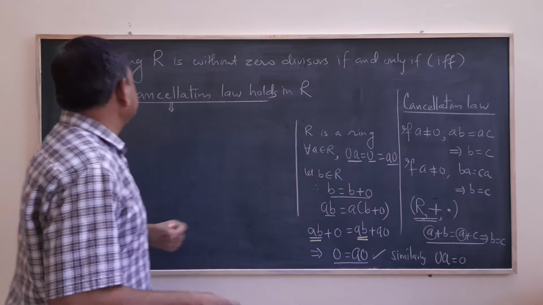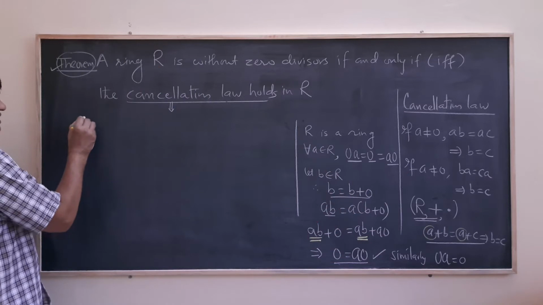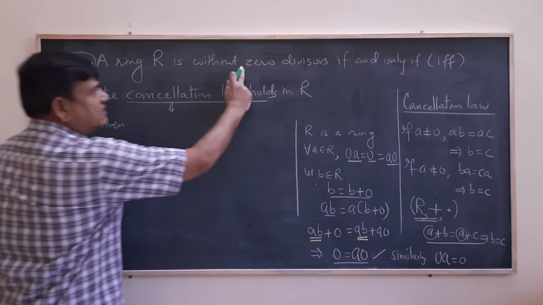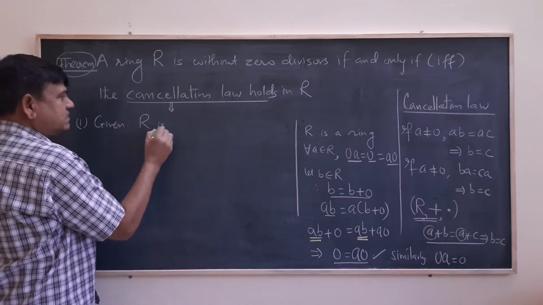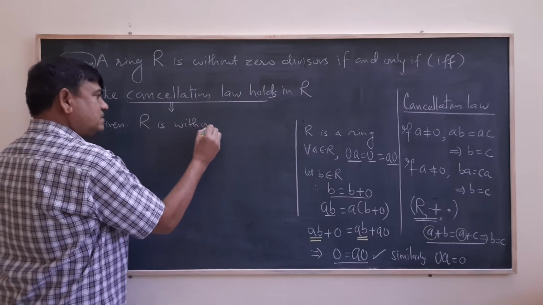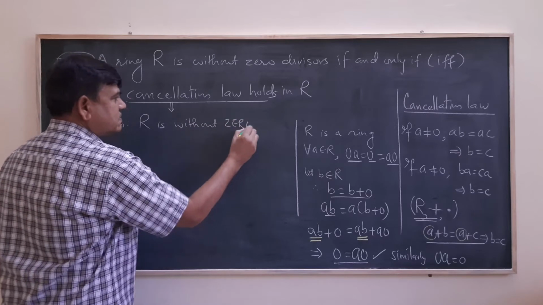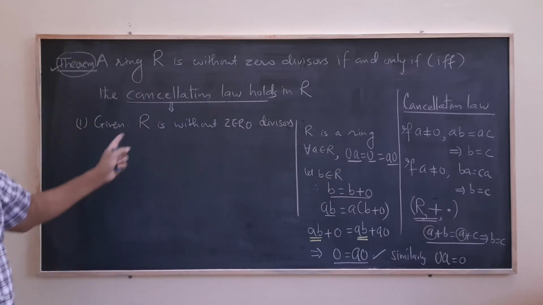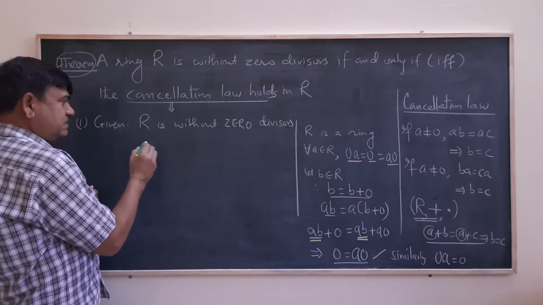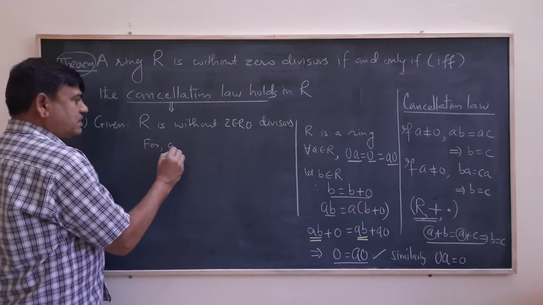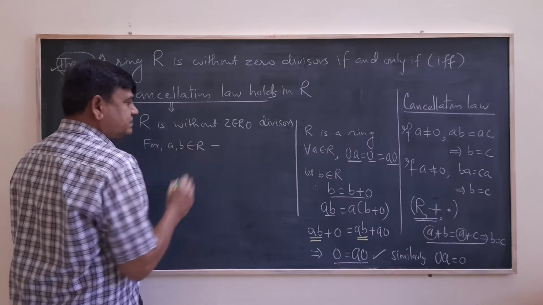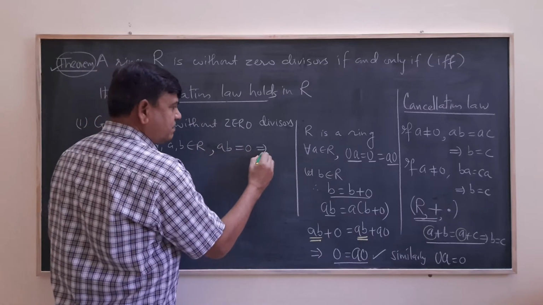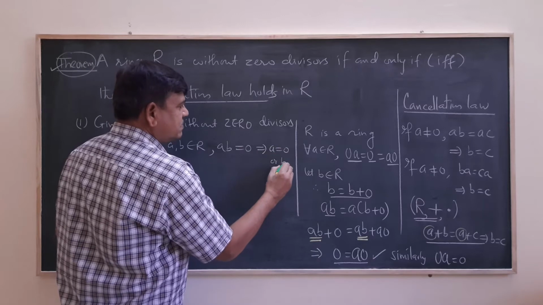So let us see. First part. What is given? R is without zero divisors. R is without zero divisors means for A comma B belongs to R, AB equals 0 implies A equals 0 or B equals 0.